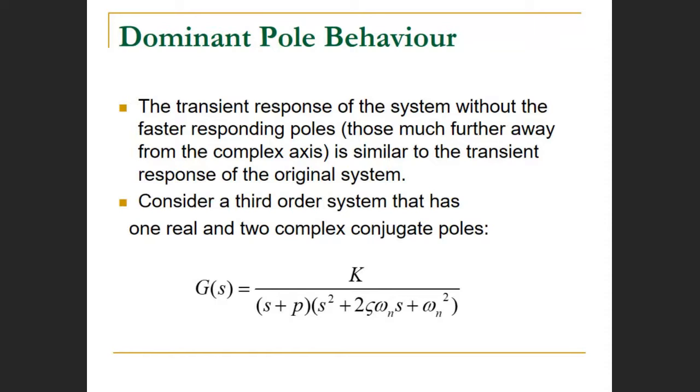Their behavior dies out quickly, and so these poles are not considered dominant poles. So let us consider a third order system, where we have one real and two complex conjugate poles from this expression here. Let's present it as such.